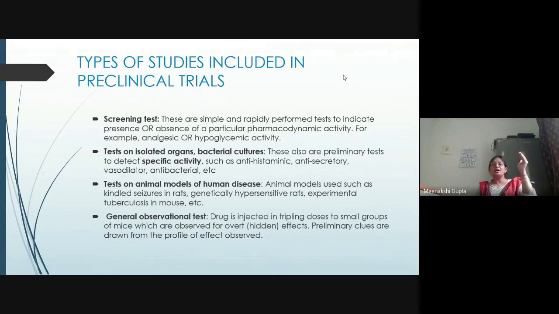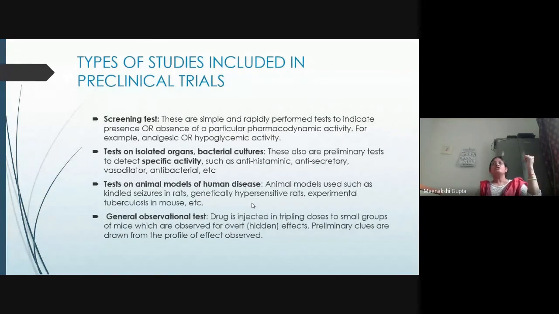Next is testing on the animal model of human disease. In the animal model, such as genetically modified animals, we can generate the disease in animals through various means. First is genetic modification. For example, we were talking about gangliosidosis, a neurodegenerative disease in which neurons get degenerated.